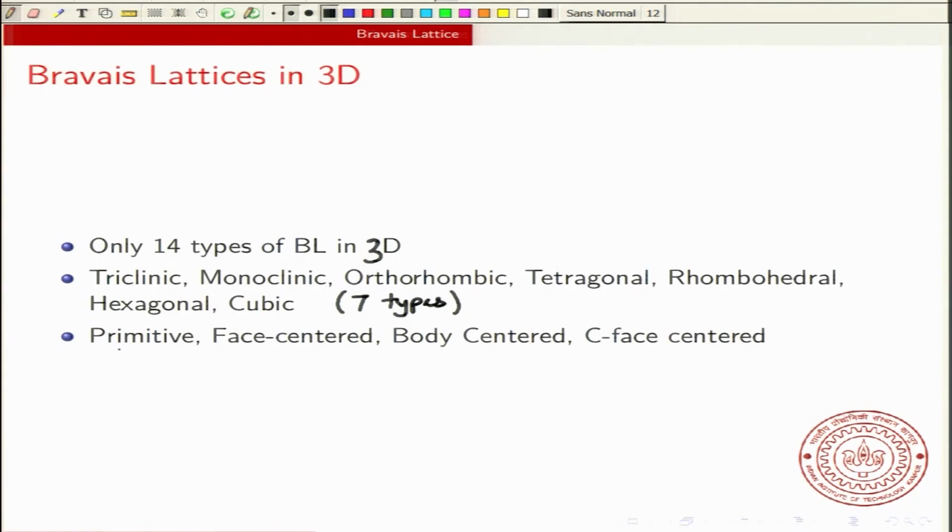Some of them can have a primitive cube, a face centered cube, or a body centered cube. Not all of them can have all these different types, but many of them can have multiple types. We will start looking at Bravais lattices in 3D in more detail in the next class.